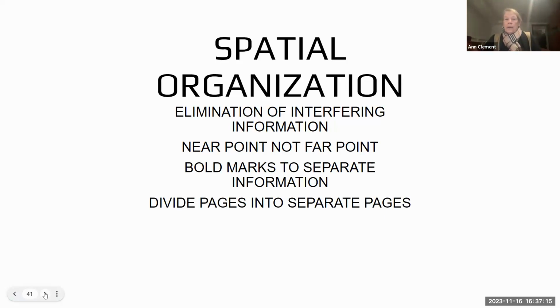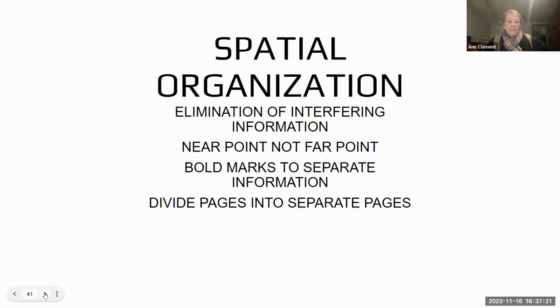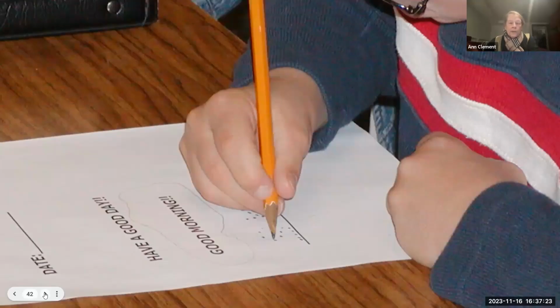Or just divide the pages into separate pages. Like I said, take your scissors and cut it in half or into 4 pages. Okay. And you'll see here, this is an example that Stephen, this is what the regular class would do. They'd put the date up here. They would read, have a good day or good morning.